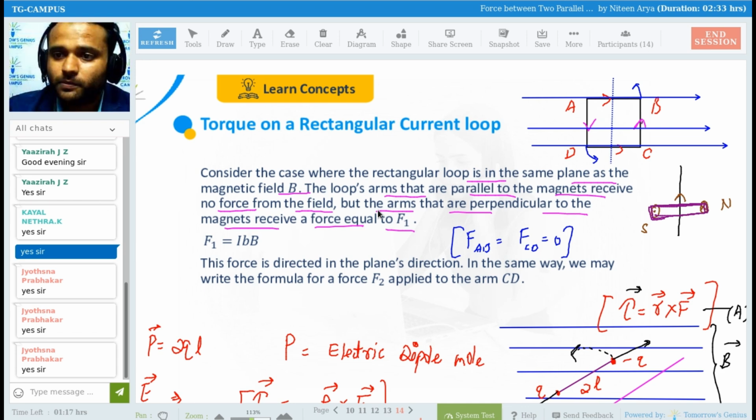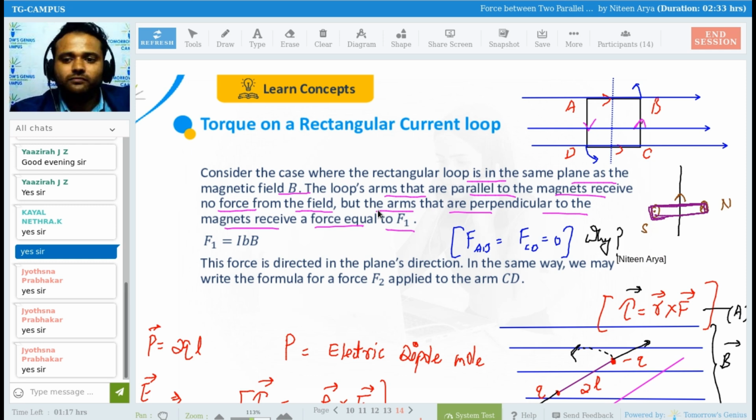Tell me why this force is going to be 0. Easy one. If it is not getting into your head, then that is so problematic. Why should I talk about the force only on BC and AD, not AB and CD? My question is this: why? Anyone?